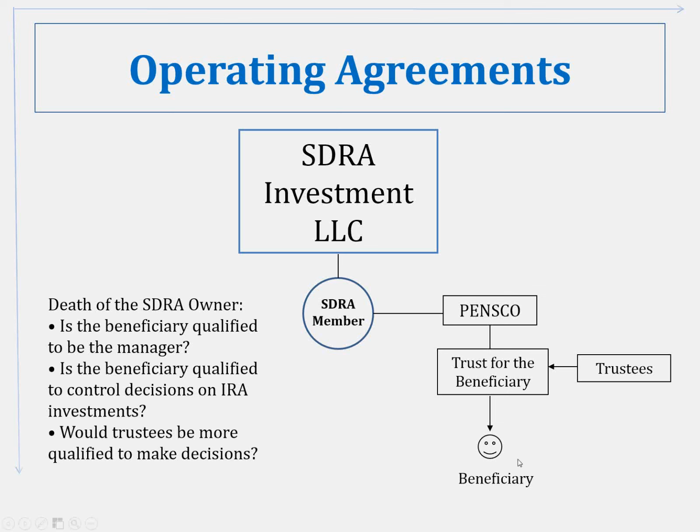And what if the beneficiary were able to select the trustees, to hire them and fire them, as long as he or she had a co-trustee? That might work very well. That way we can make sure that the beneficiary not only has some fairly functional control over what happens and who the trustees are, but also gets the benefit of the protections of the trust. We no longer have an empty chair, and decisions about the investment can be made.